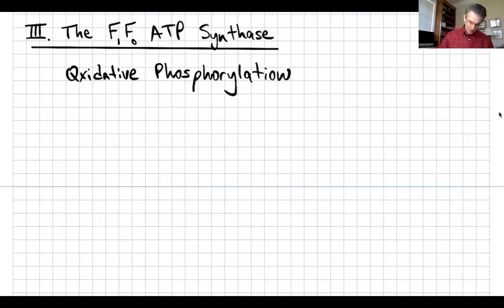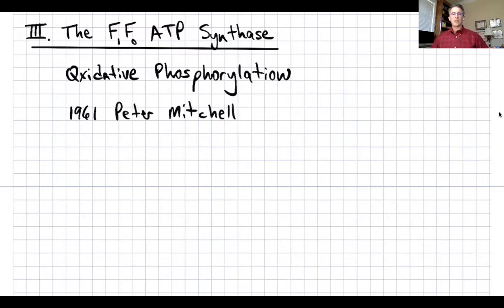Then in 1961, a famous chemist by the name of Peter Mitchell, who'd been working on this problem for a while, decided that this compound Z thing just couldn't be right. And he had a different idea.